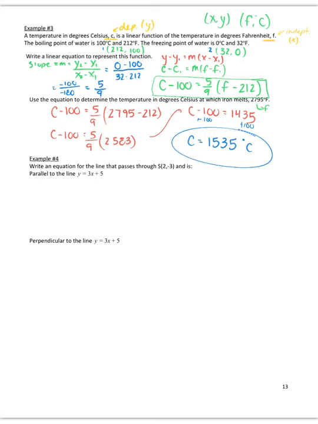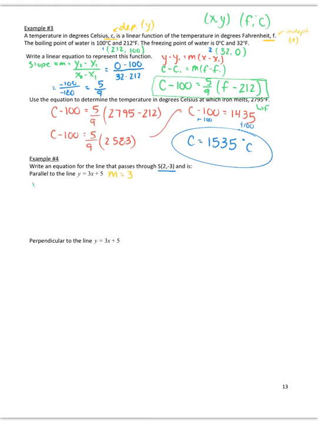Write an equation for the line that passes through this point and is parallel to the line y equals 3x plus 5. When two lines are parallel, their slopes are equal. So the slope of this line is 3. Therefore, the slope of our parallel line will also be 3.